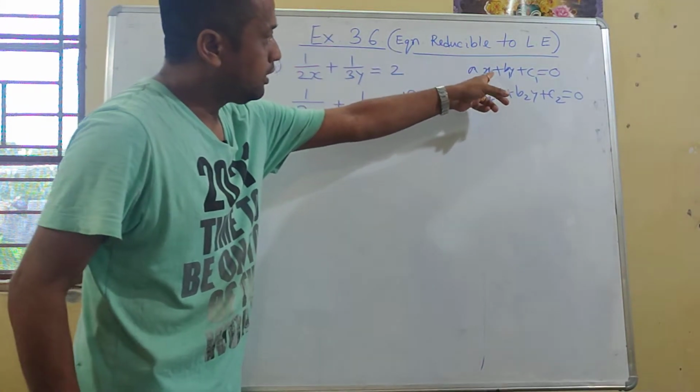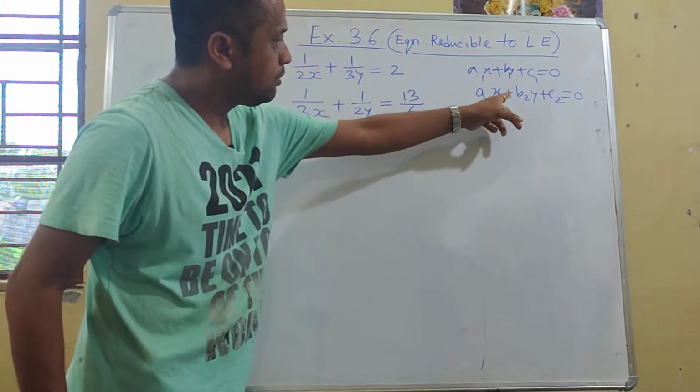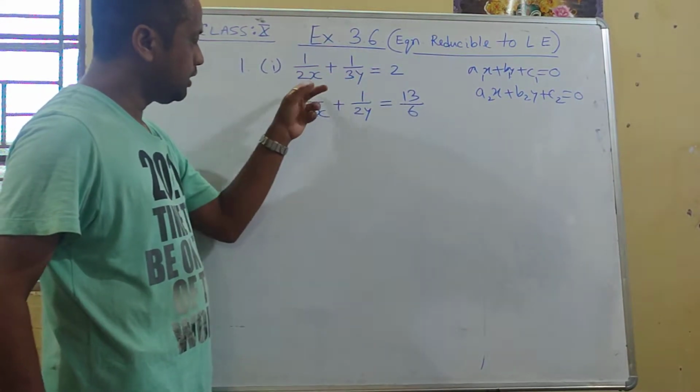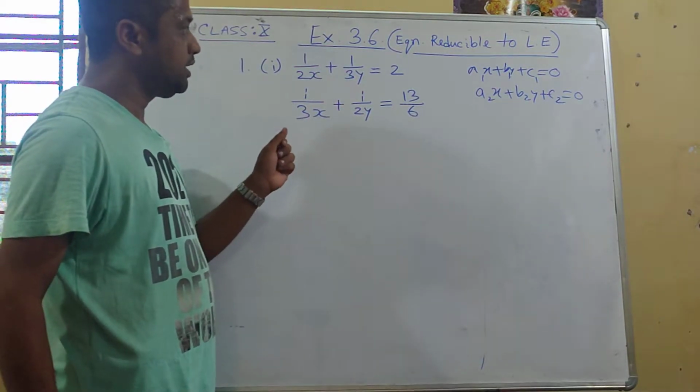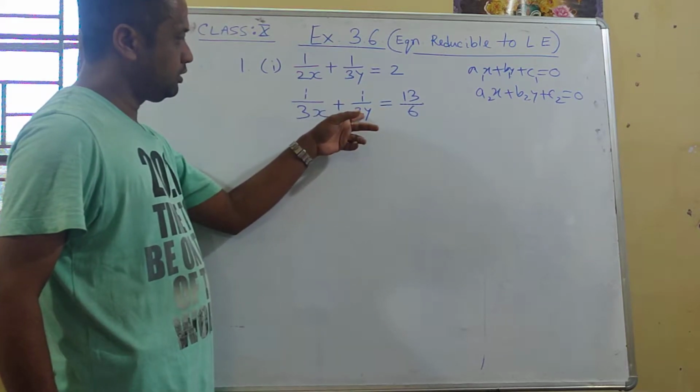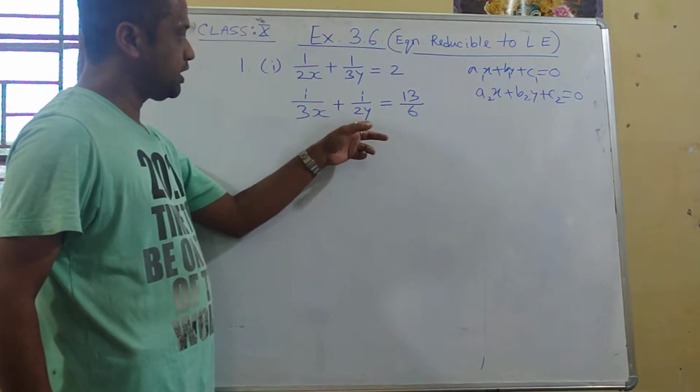So here it should be x, y, x, y, but here it is 1 by x, 1 by y, 1 by x, 1 by y. That is, the variables x and y are on the denominator side.